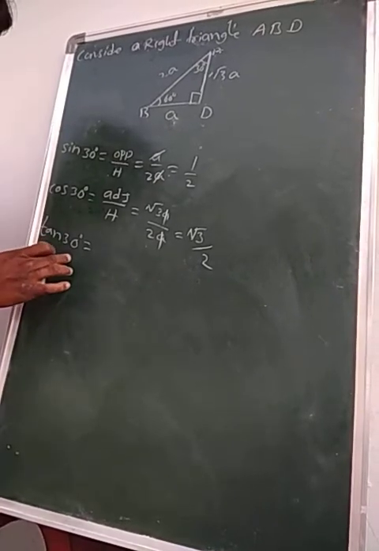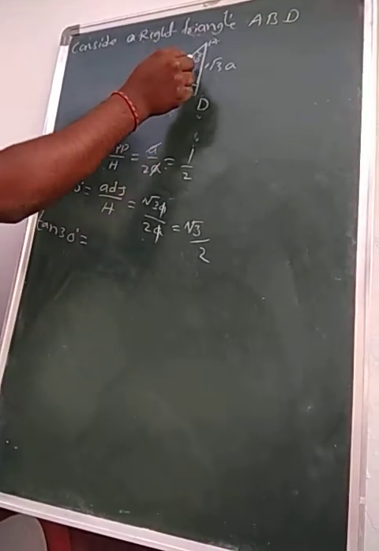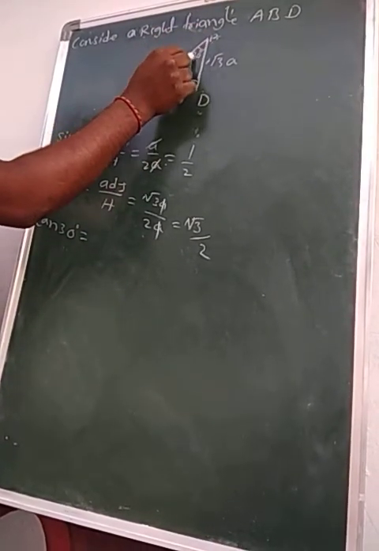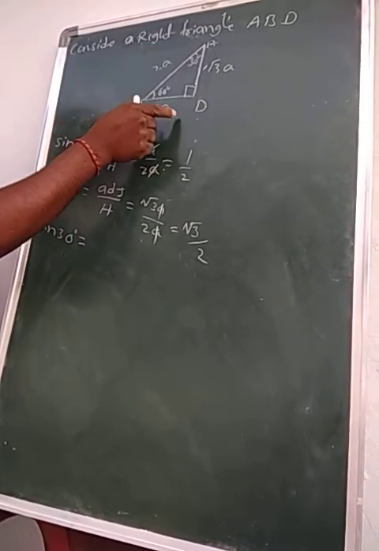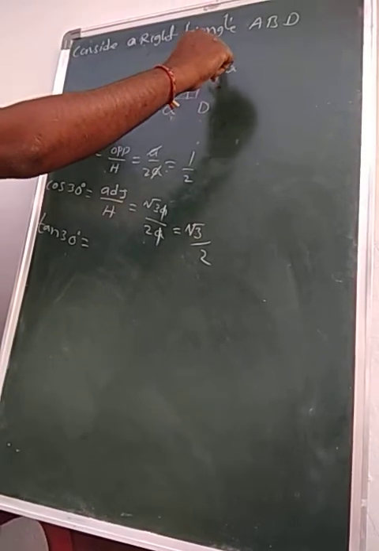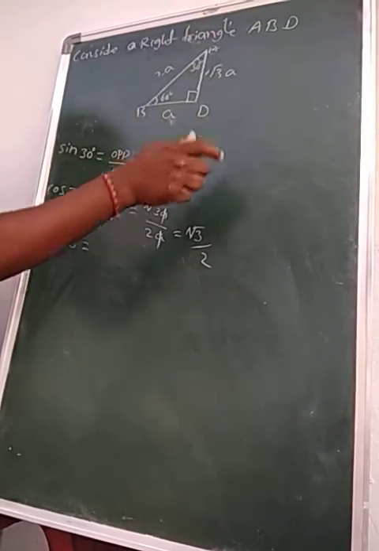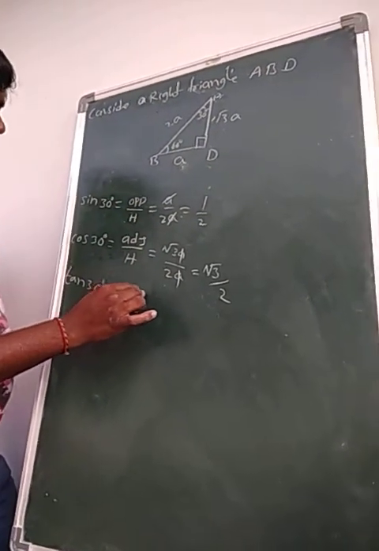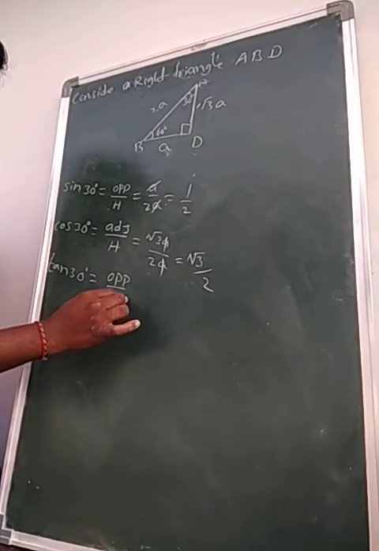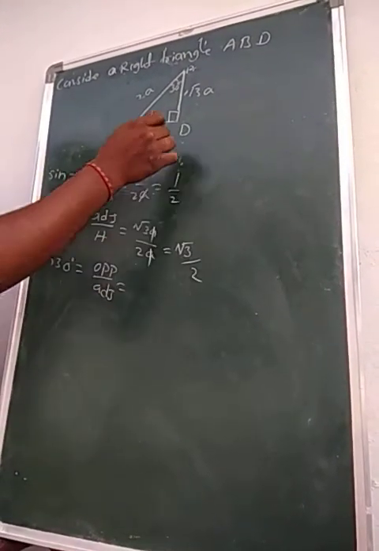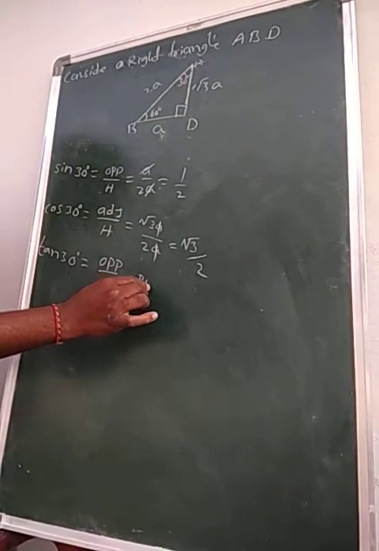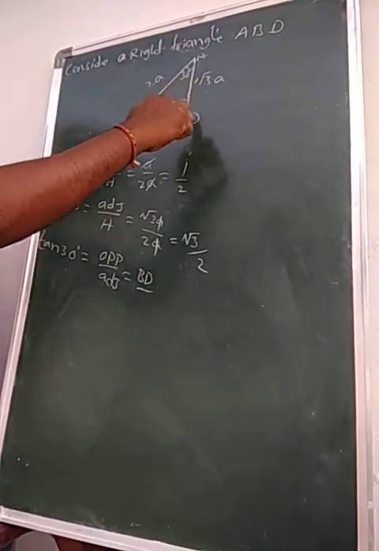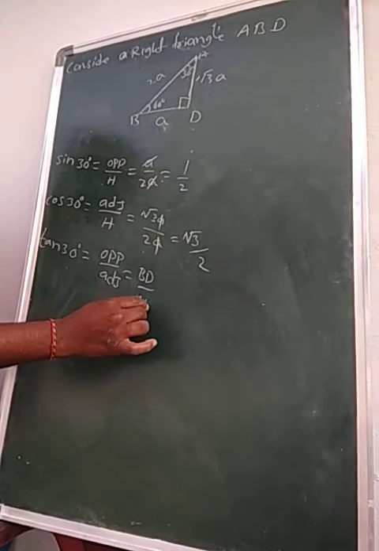Like that only, tan 30 degrees. With respect to angle A, that is 30 degrees. Tan means opposite side of angle A by adjacent side. The opposite side of angle A is BD, by the adjacent side of angle A, that is AD.